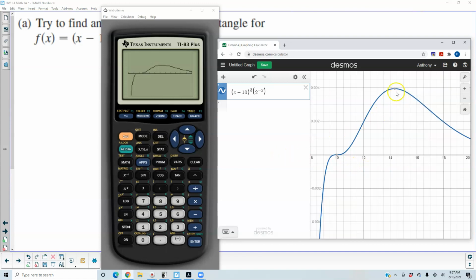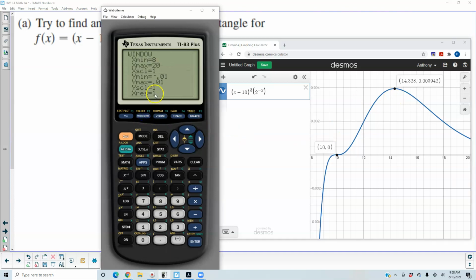Well, now we can see that there's a value here at the top, and here's that value of 10, so we can see that the graph looks a lot clearer. And if we change that y minimum to be negative 0.005, and this to be 0.005, then we should see the same thing that we're looking at over here.